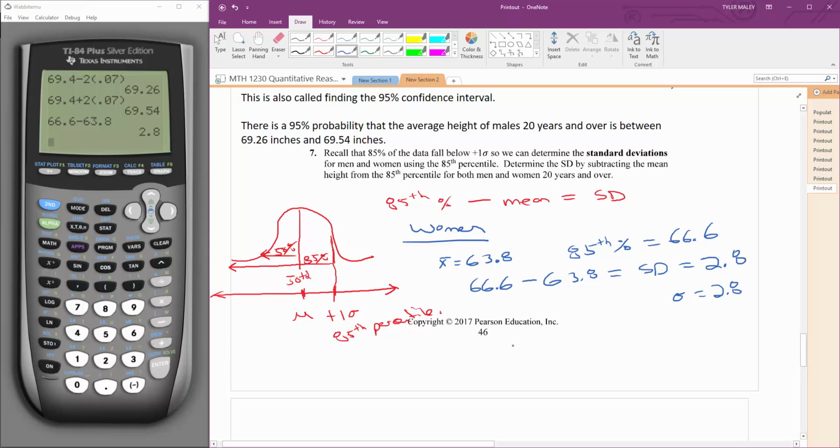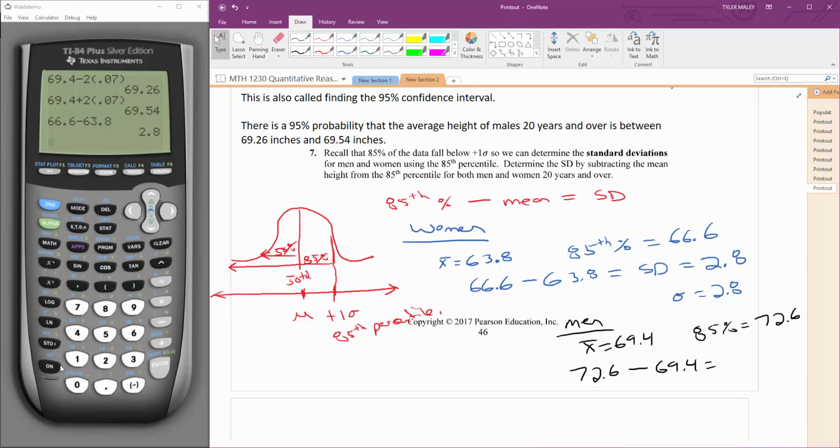And then we can do the same thing for men. Let me grab a different color. We'll do this for the men data sample, using the 20 years and over row also. The mean is 69.4, and the 85th percentile is 72.6. So if I take 72.6 minus 69.4, this will give me a standard deviation.